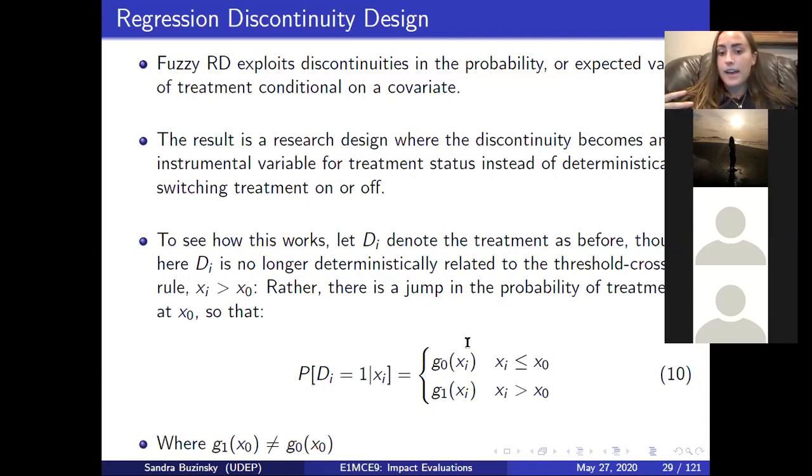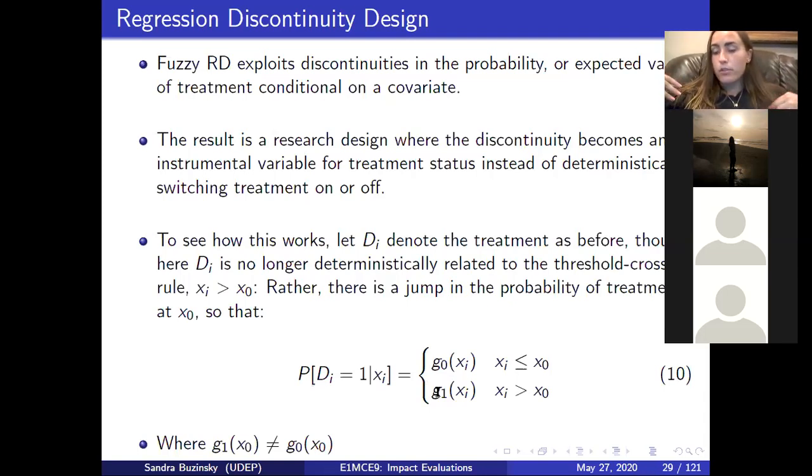And the thing is that these two functions, on either side of the cutoff, cannot be the same, and one function should be greater than the other. So for example, we want there to be an increase in probability when you're moved to the treatment side of the cutoff.